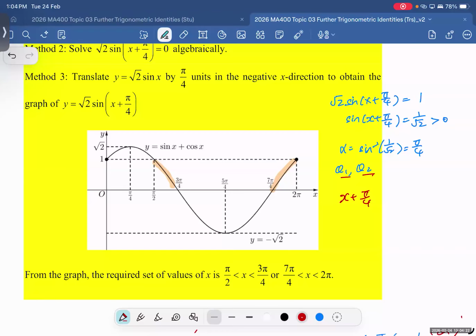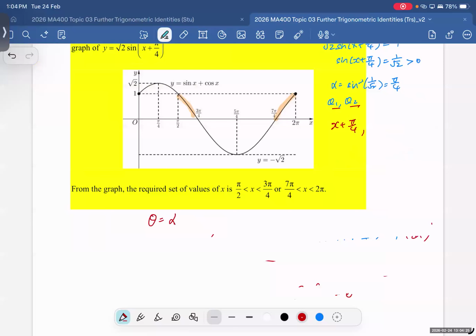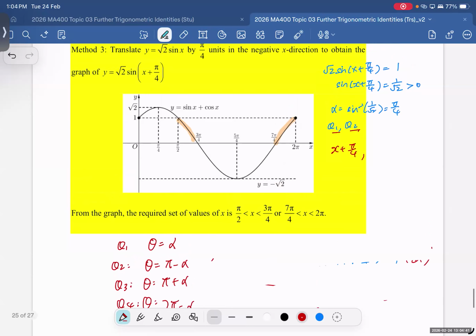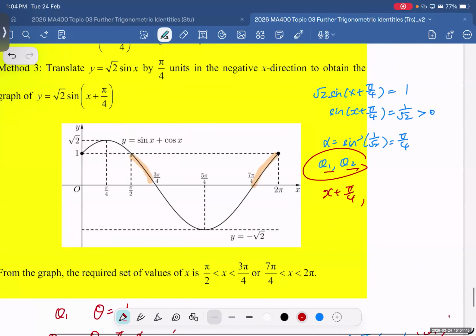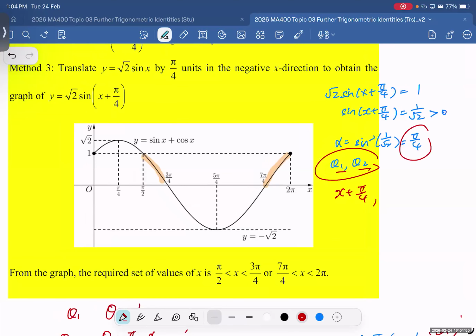When the answer is in Q2, theta is pi minus alpha. Whereas Q3, theta will be pi plus alpha, whereas Q4, theta will be 2 pi minus alpha. So over here it is Q1, Q2. Now, what is alpha? Alpha is pi over 4. So, since it is Q1, I write down the Q1 answer. I write down the Q2 answer.